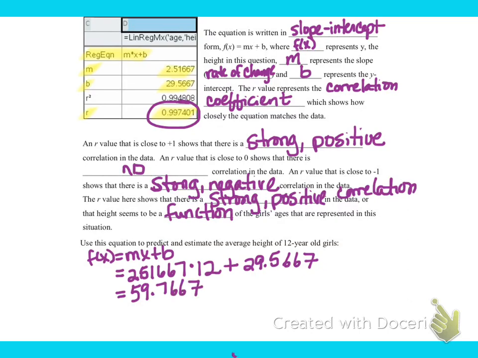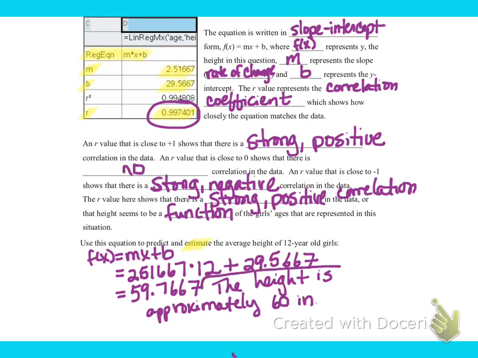And since the problem did say predict and estimate the average height, then I can say the height is approximately 60 inches. This was a word problem. Therefore, I need to have words in my answer.